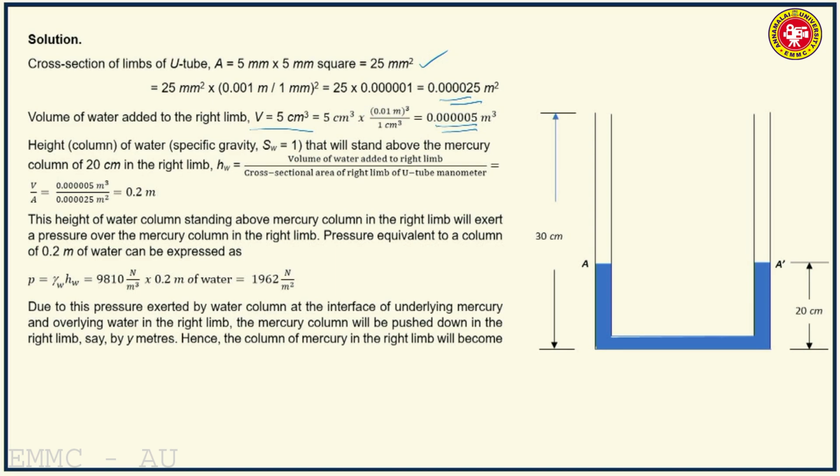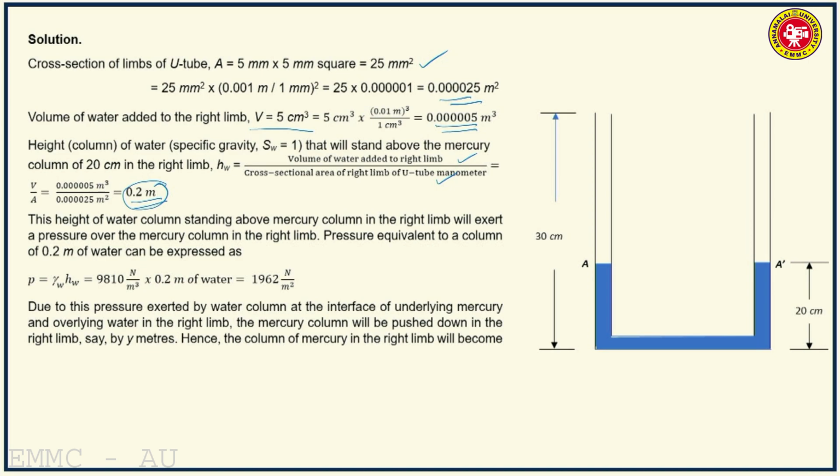So what is the corresponding column of water that will stand above the mercury column of 20 centimeter in the right limb? It will be the volume of water added to the right limb divided by the cross section area. It will give the height of water standing above mercury in the right limb. This column of water standing above the mercury will exert a pressure on the mercury surface.